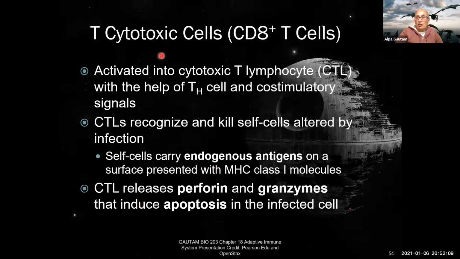Then you have cytotoxic T cells, which I talked about earlier. Cytotoxic T cells bind to MHC class 1 molecules. MHC class 1 molecules are expressed by all of our cells except for red blood cells. So when our cells are infected, they're going to present on the MHC class 1 molecule a piece of the virus or viral protein or a piece of bacterial protein, something to let the TC cell know, hey, I've been infected.